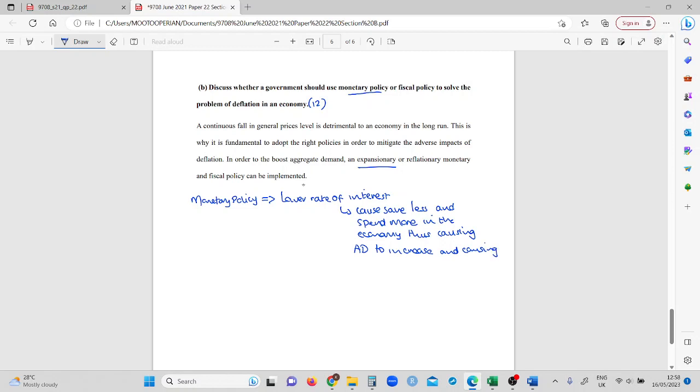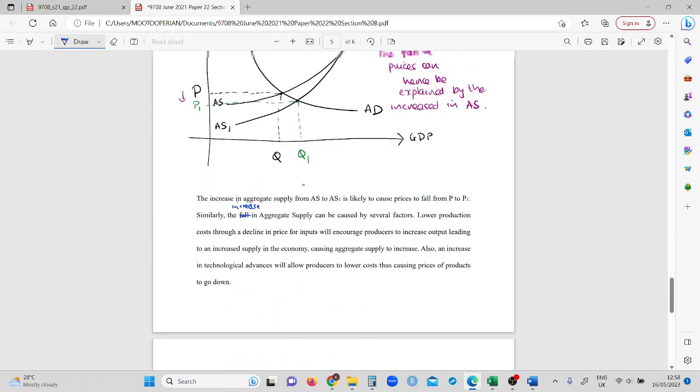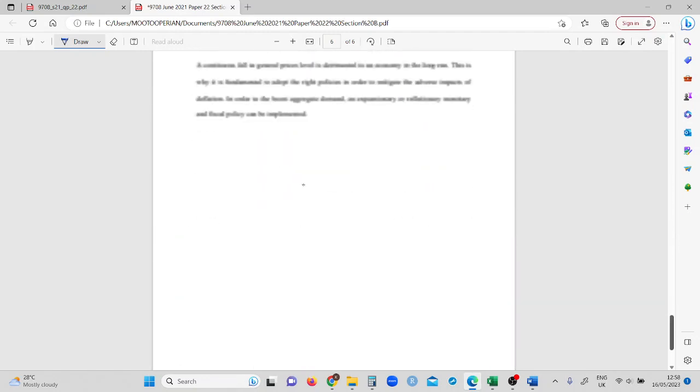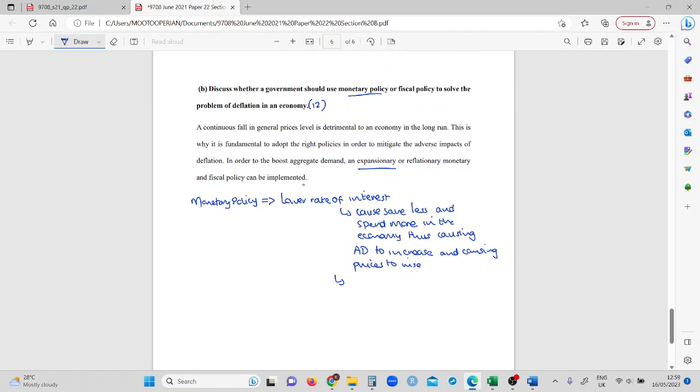When aggregate demand shifts, prices will rise. So this is the first thing. After, for the rate of interest, you can say the opposite of what we said above. Above, we discussed the impact of increasing interest rates. Here, you will put the impact of lower interest rates, so the lower cost of borrowing. People will be likely to spend more, thus again having a positive impact on aggregate demand.